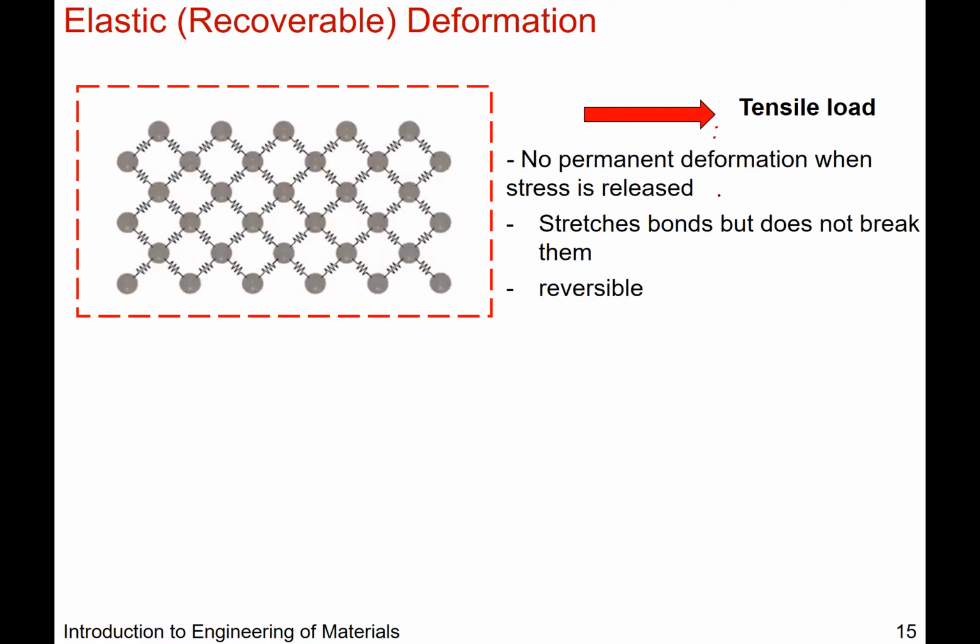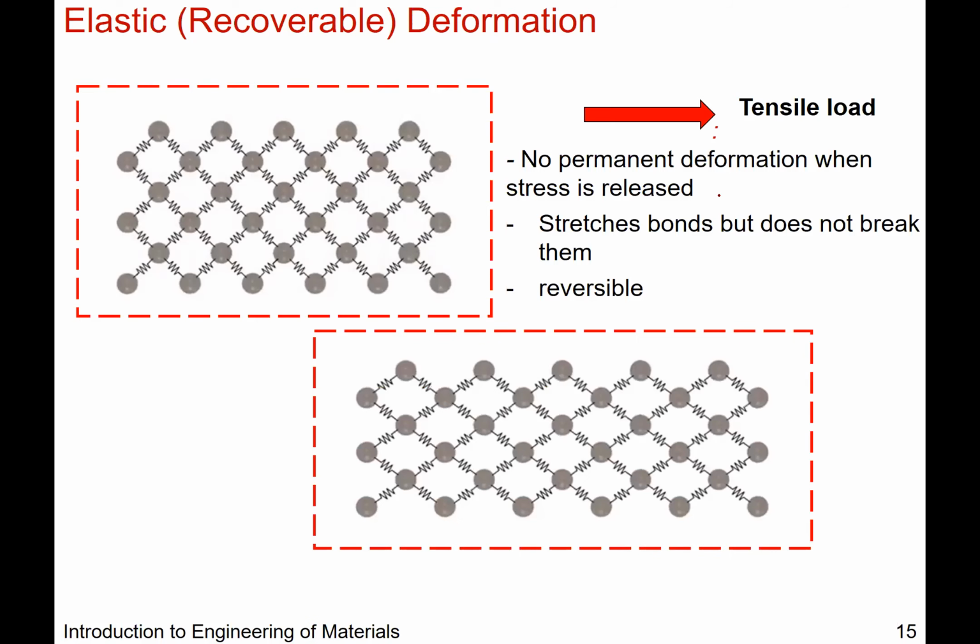So here you see all the bonds drawn as little springs. They're all connected, they're all equidistant. All the atoms are equidistant to each other. So when you apply, let's say, a tensile load, and then you release it, what happens is you stretch the bonds. Here you see elongation in the bonds uniformly, okay?